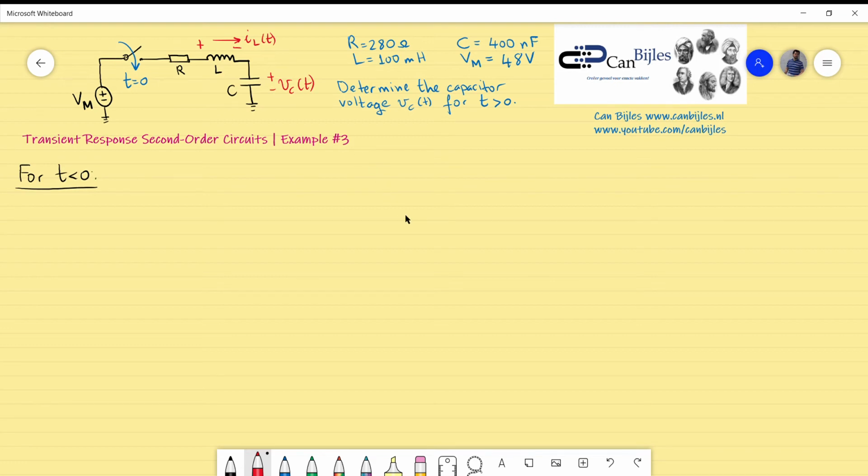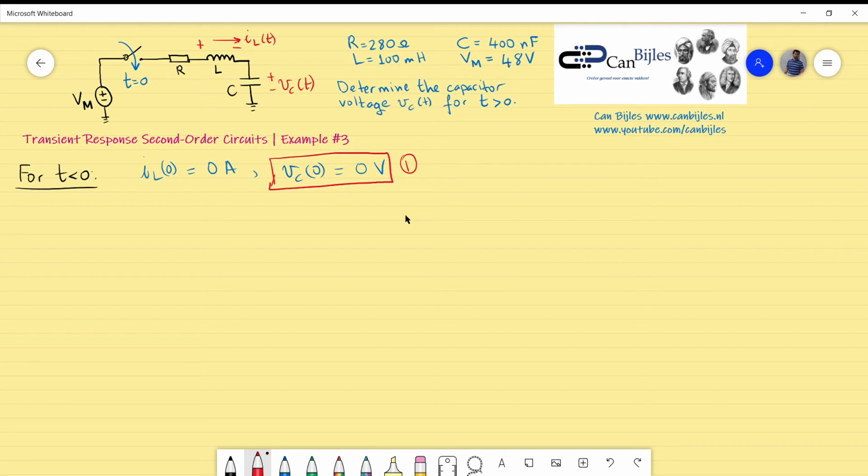So IL at 0 minus is 0 amps, and the capacitor voltage at 0 minus is 0 volts. This is one of the initial values we will use in the analysis later on for determining VC. So this is number 1.